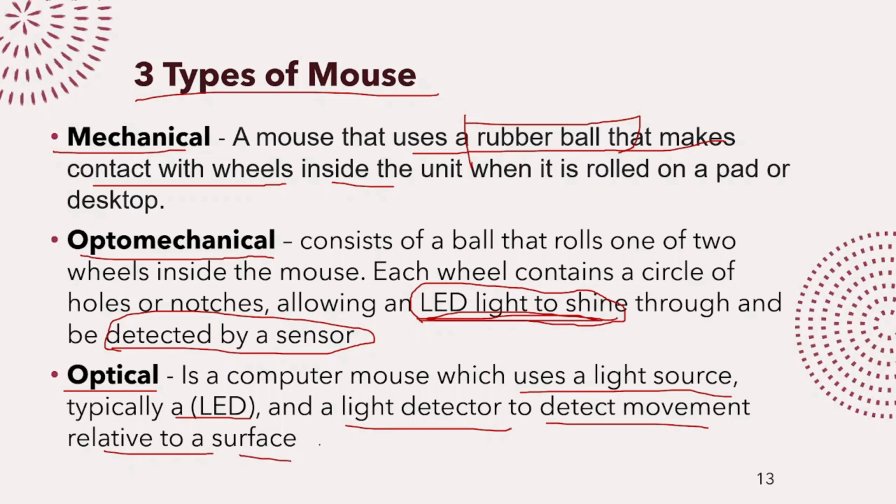Kumbaga, for this generation, we have a lot of mouse na wala nang rubber ball, and they have a flat surface na beneath sa mouse. Then they have this parang light that is used to detect kung ano yung movement ni user.